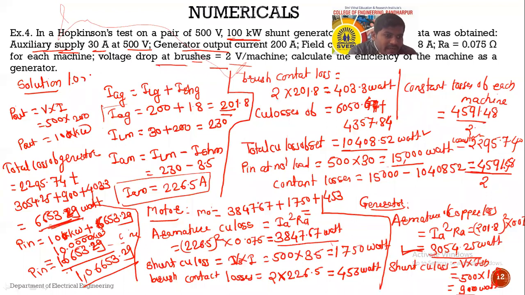So 100 kilowatt, it is nothing but 1 lakh watt plus जे काही लॉसेस आले होते, this losses is nothing but 6653.29. याची फक्त ऍडिशन करायची. So it becomes 106653.